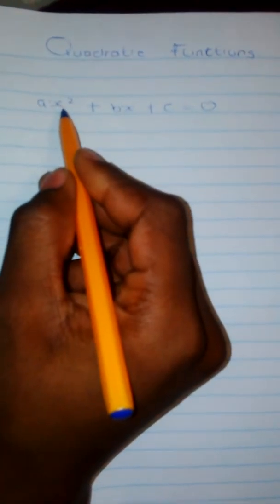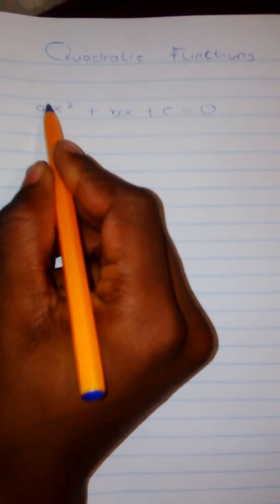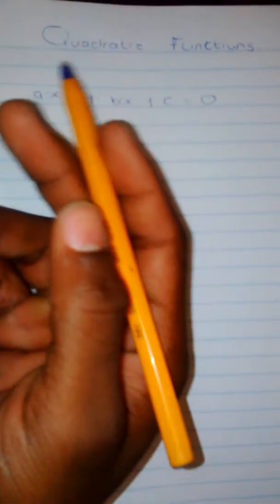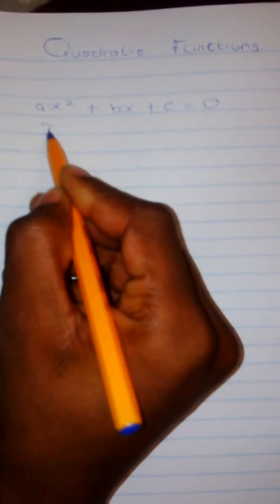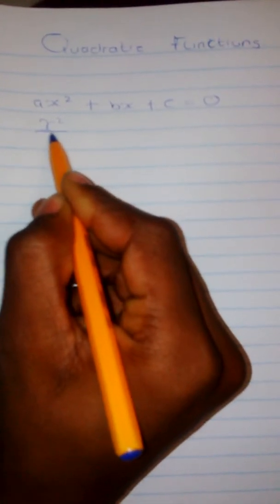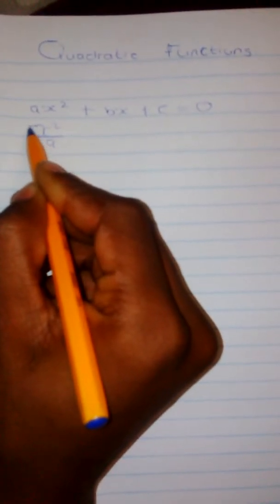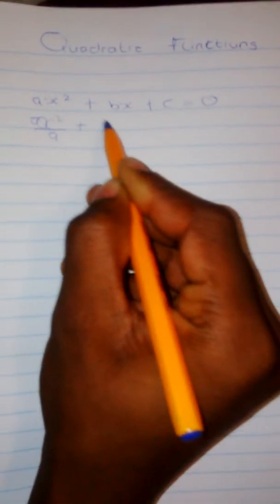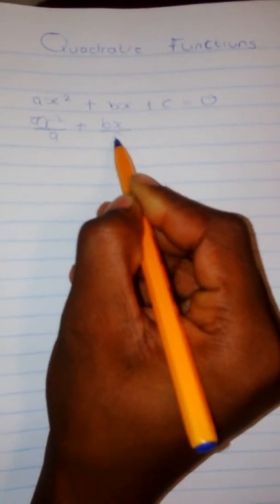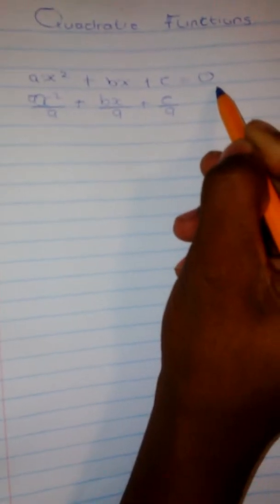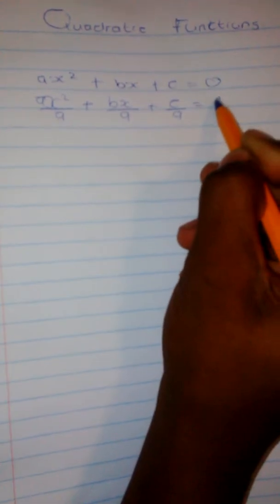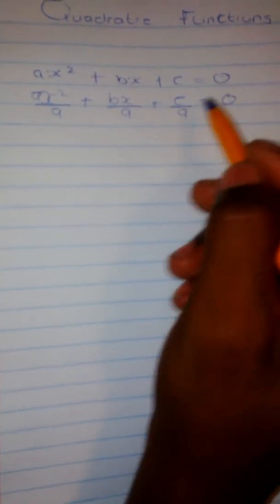First of all, because I said we need to have 1, not another variable or number, we're going to say x squared divided by a, plus bx all over a, plus c all over a, which makes it equal to 0, right?